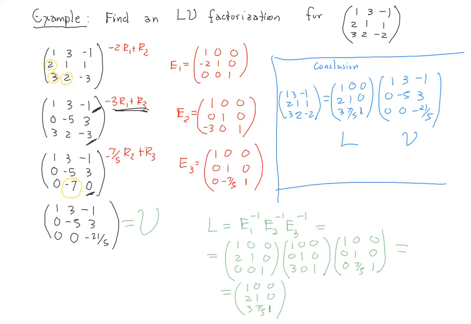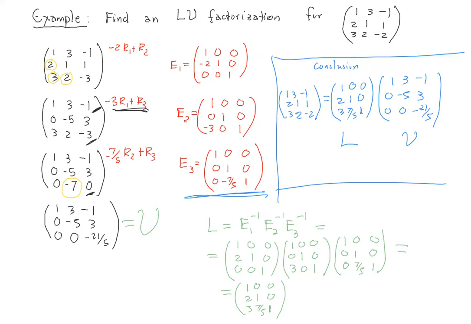Questions? Yeah, absolutely. -7 fifths row 2 plus row 3 is implemented by means of this matrix, and I suggest that you try to do it concretely.